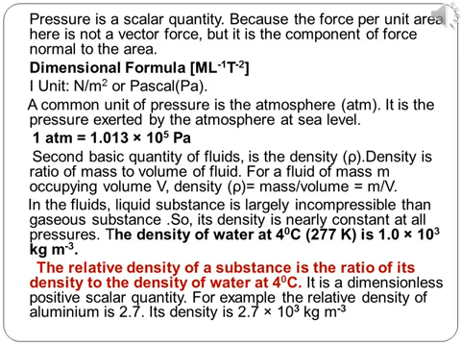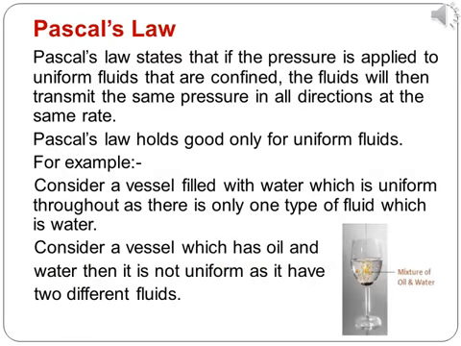It means that the density of aluminium is 2.7 times the density of water. Then the density of aluminium is equal to 2.7 into 10 to the power of 3 kilogram per meter cube.